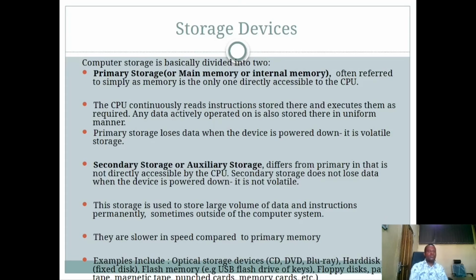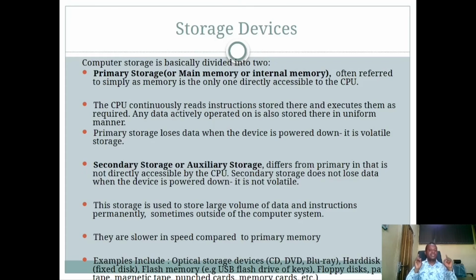Now that brings us to storage devices. When we are looking at storage devices, we are basically referring to secondary storage or auxiliary storage. They differ from primary memory in the sense that secondary storage is not directly accessible by the CPU. The CPU can directly access data and information in the primary storage.